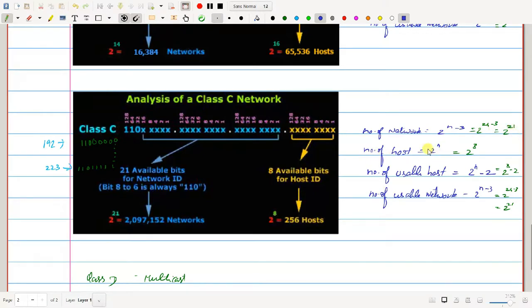The total number of hosts is 2 power 8. The total number of usable hosts is 2 power 8 minus 2, because the first address is the network address and the last is the broadcast address, so we subtract 2 here. The total number of usable networks is 2 power 24 minus 3, because the first three bits are reserved, so 2 power 21.